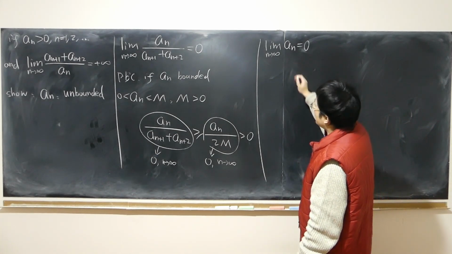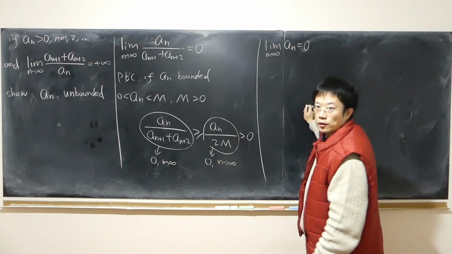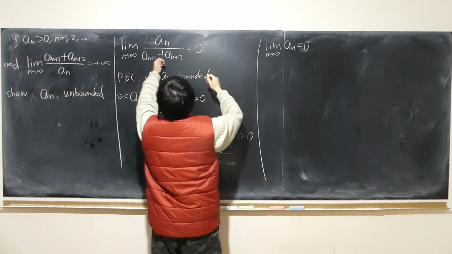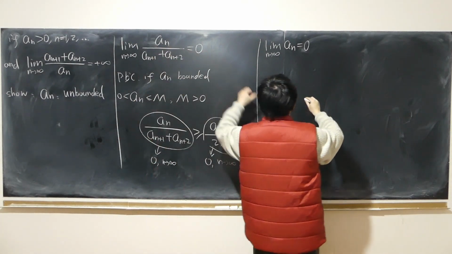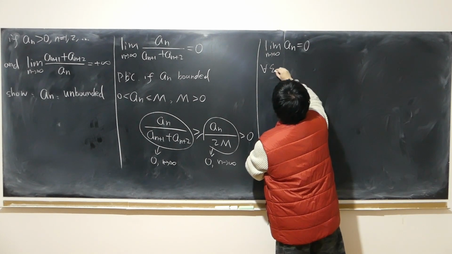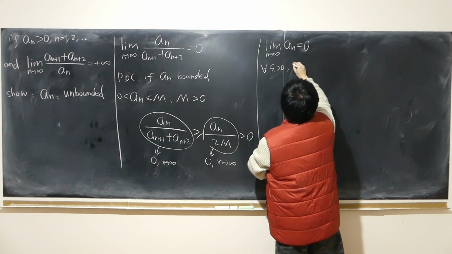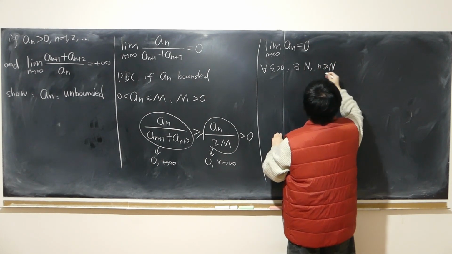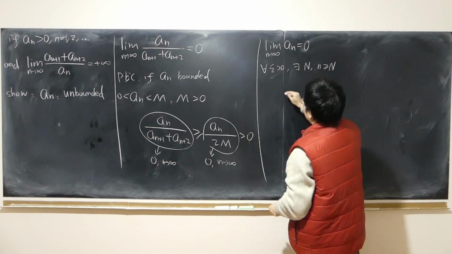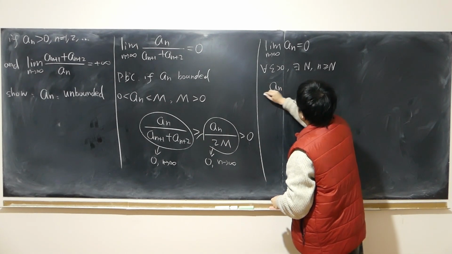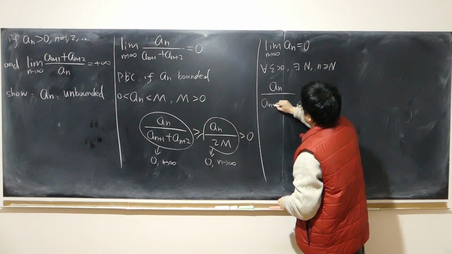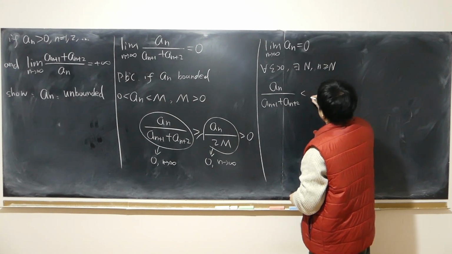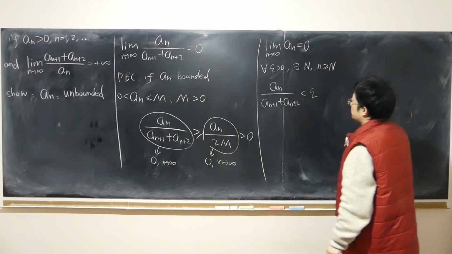And so how is this going to be helpful? The contradiction will be, given this condition, which means given any epsilon bigger than 0, there exists a capital N such that as long as little n is bigger than or equal to capital N, then we always have a_n over (a_{n+1} + a_{n+2}) less than epsilon.